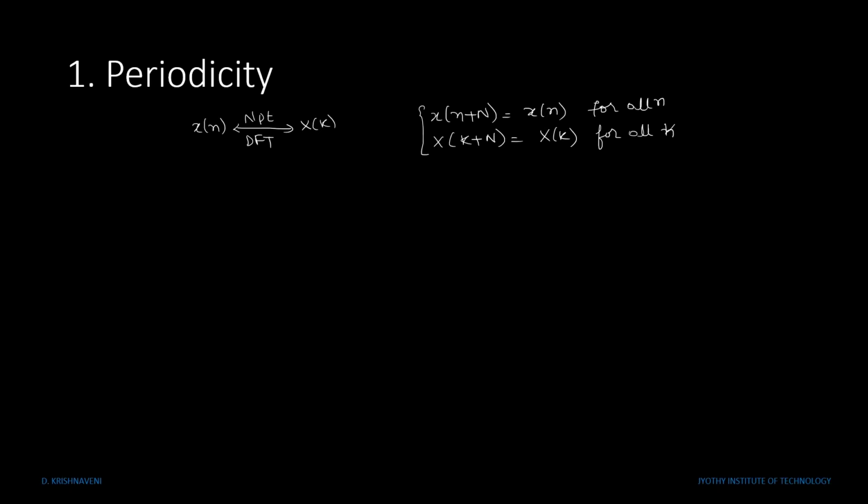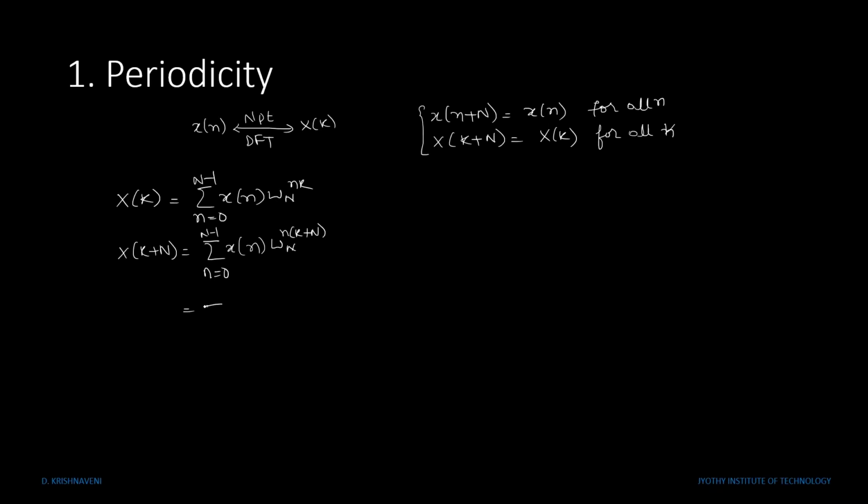So we take the formula of DFT. X of k equal to summation n equal to 0 to N minus 1 x of n W_N to the power of nk. Now here we replace k with k plus N, then we have x of k plus N is equal to summation n equal to 0 to N minus 1 x of n W_N to the power of n into (k plus N).